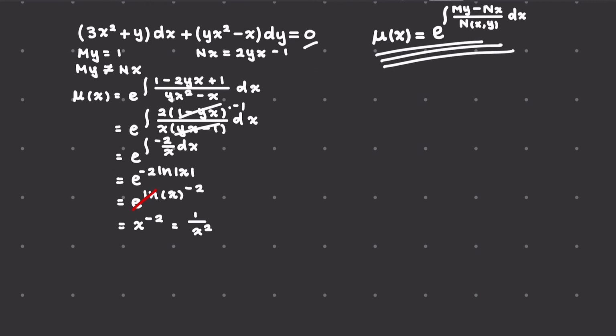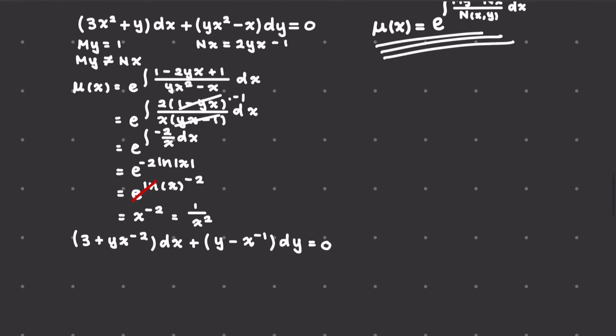So we're going to multiply everything by x to the −2. 3x² times x to the −2 is just 3, plus y x to the −2, close bracket, dx, plus (yx² times x to the −2 is just y, minus x to the −1) dy equals 0.